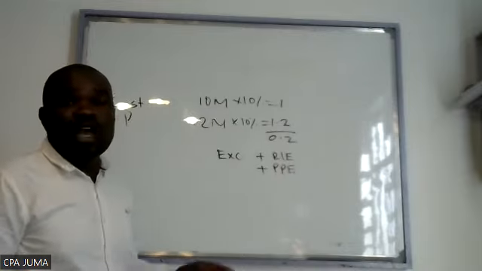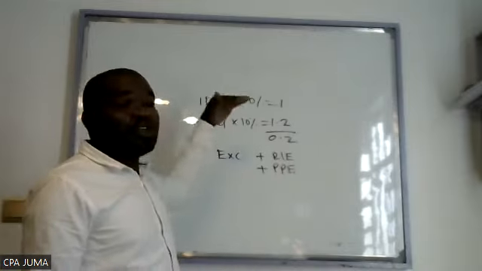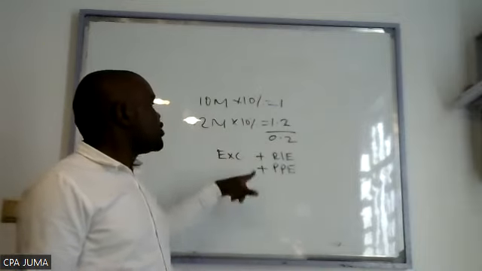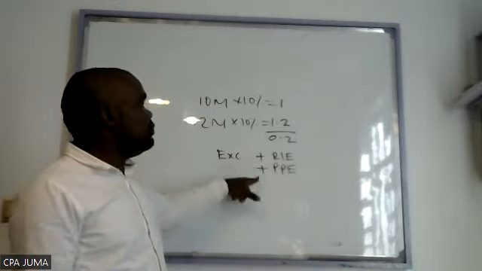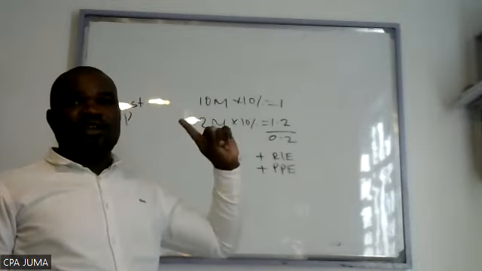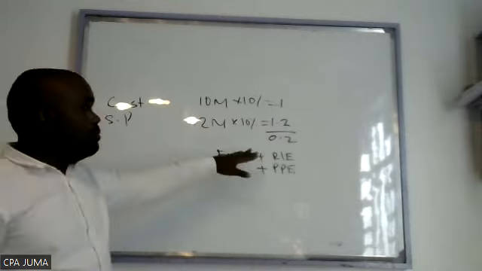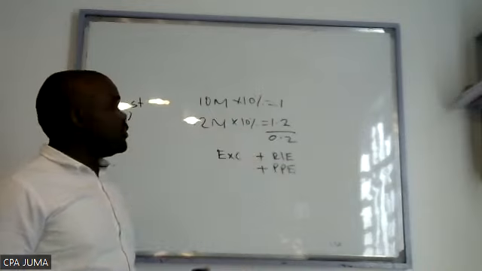Because initially when you charge the excess, the profit was understated. When you charge more expenses, profit goes down. So profit was understated. Assets were also understated. So you add them back because of the understatement.